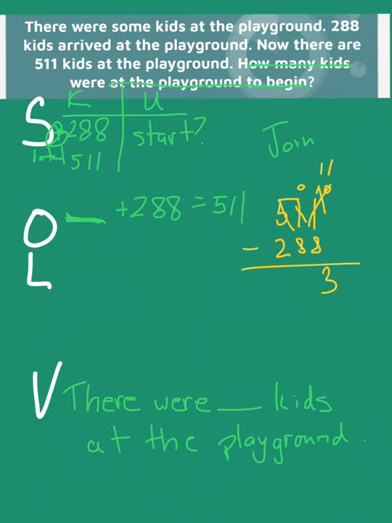I'm going to regroup one of them, so now I have 4 hundreds, and I have 10 tens that I'm taking over. So my 10 tens minus my 8 tens leaves me with 2 tens, and my 400s minus my 200 leaves me with 200. So we started with 223 kids at the playground.